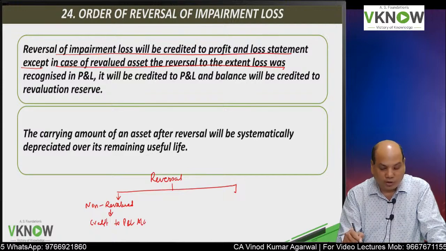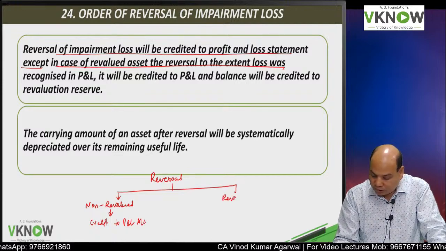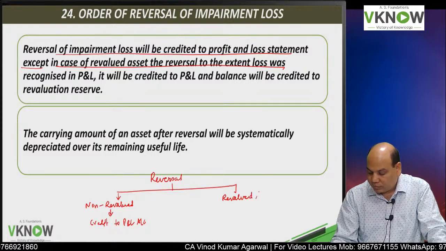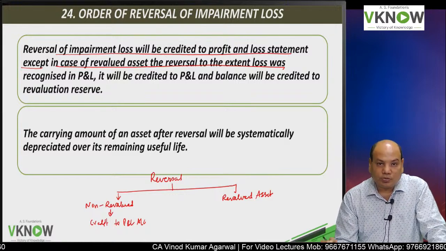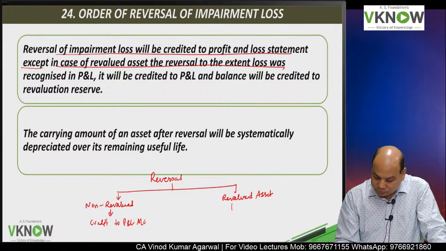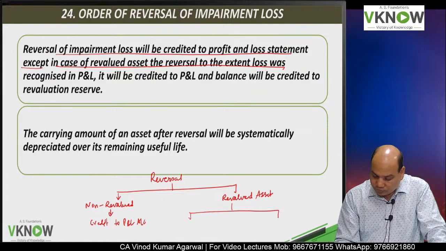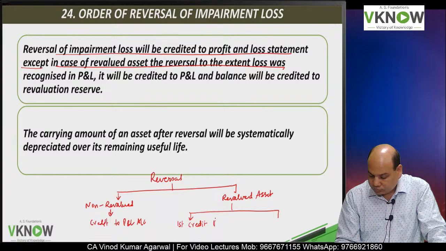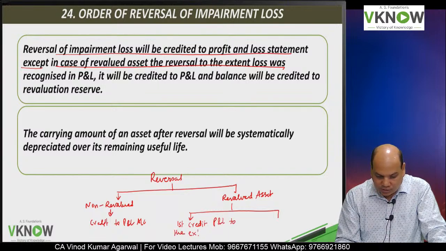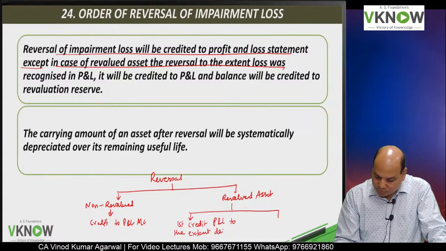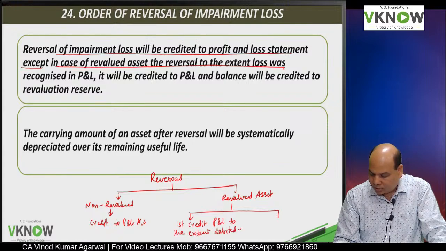That is simple, what we did just now. But if it is a revalued asset which was revalued earlier, and we had provided for impairment loss, then what I'll do is first credit P&L account to the extent debited earlier.